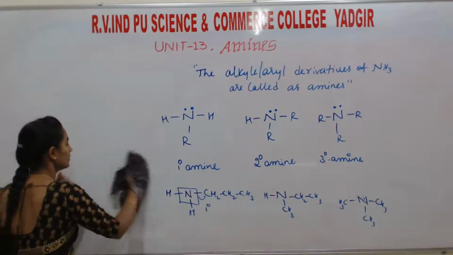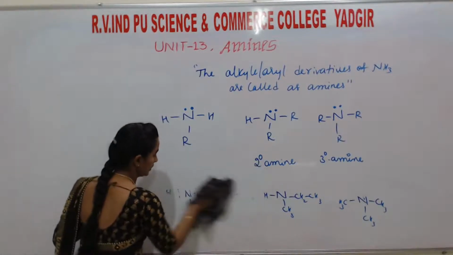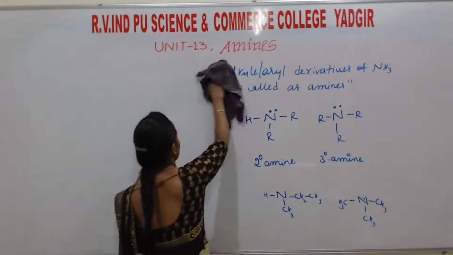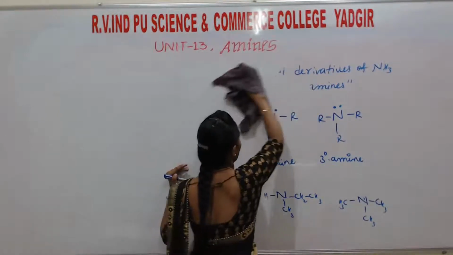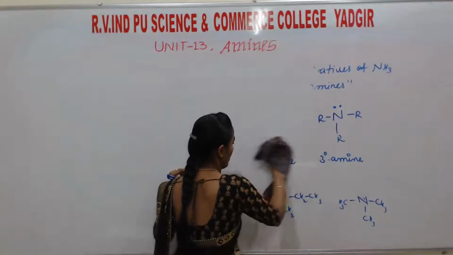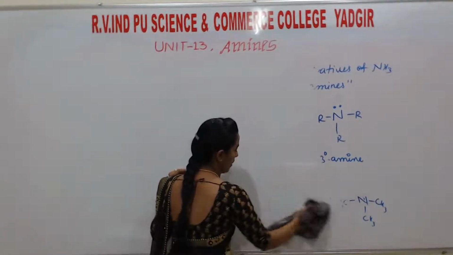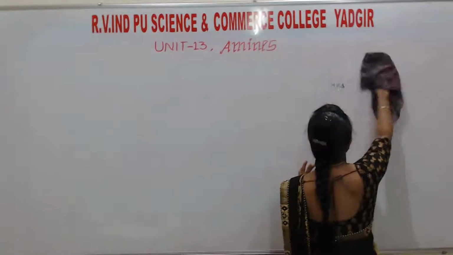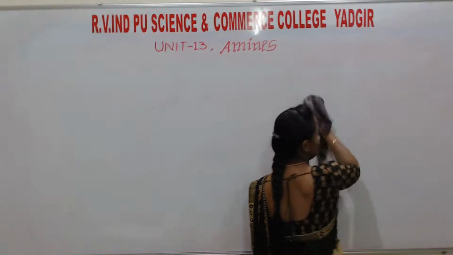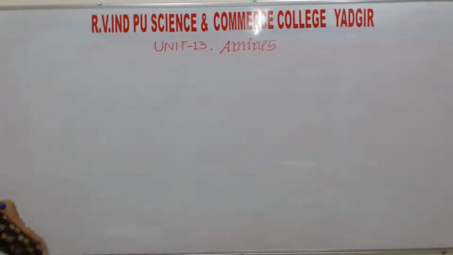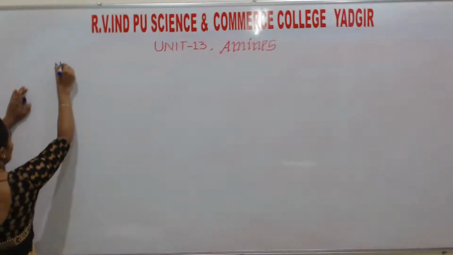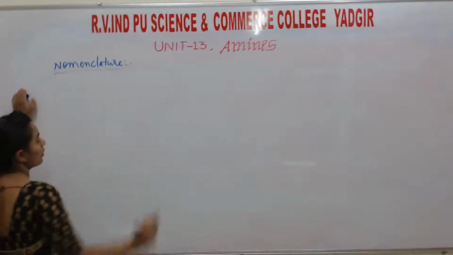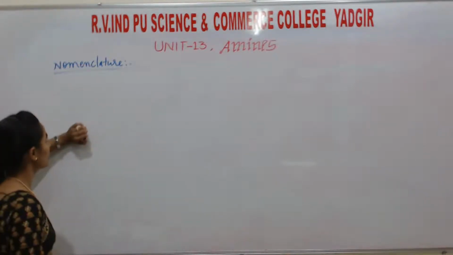Nomenclature for 1 mark. So in this nomenclature, what happens?